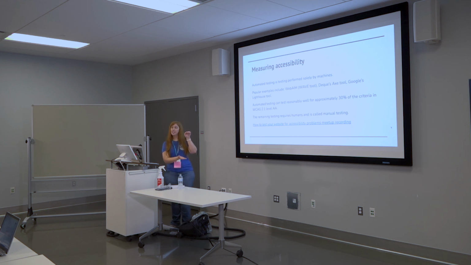That leaves 70%. Now there are some tools. The DQ Axe tool does have what is called guided testing, which can help you test some more criteria. So basically, it kind of points you at things and says, go test this, but you as a human need to determine yes, no. Did it pass or fail? And then we have full-on manual testing.